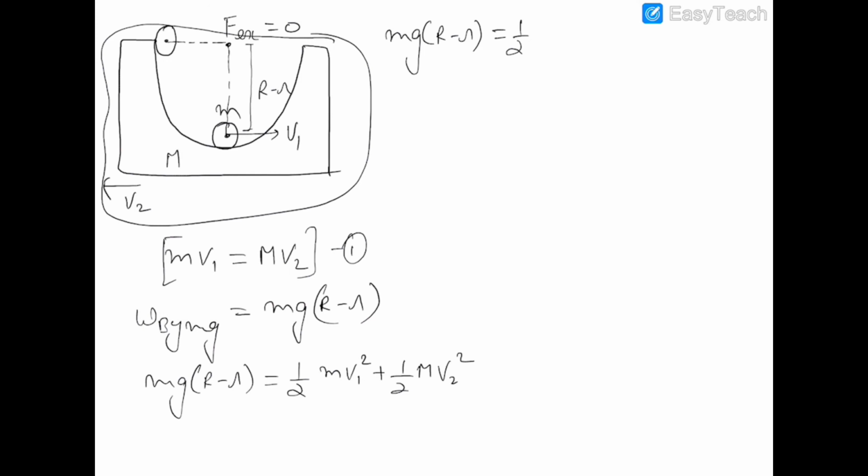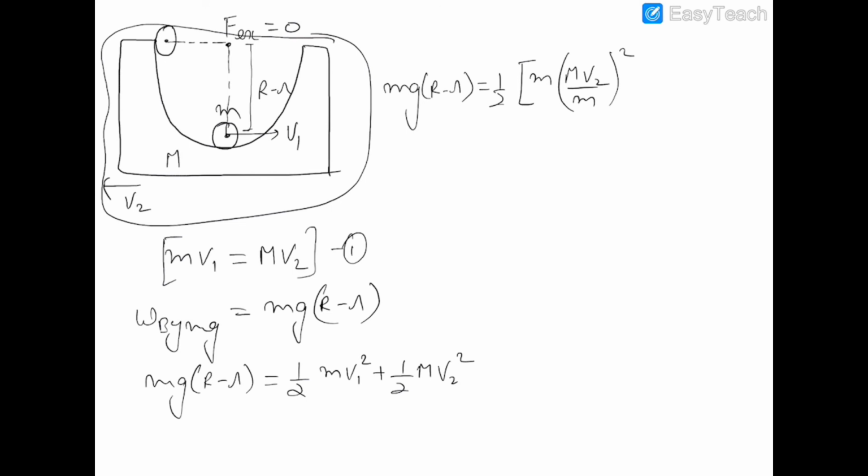So half is common. The value of v1 in terms of v2 is M v2 upon m. In fact, I'll write this below: mg into R minus r is equal to half m into the value of v1, M v2 upon m, whole square, plus half M v2 square.